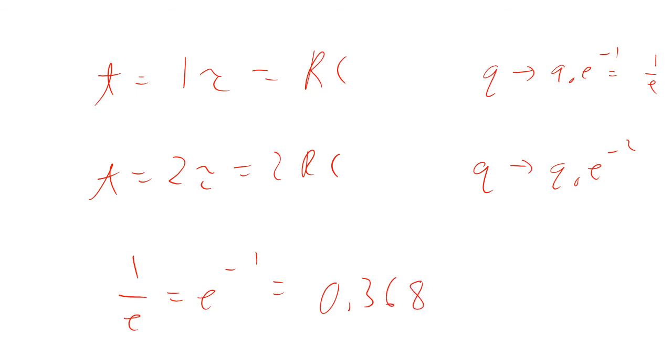So that means that after one time constant, you are at 36.8% of the original. But after two time constants, you're at 36.8% of the 36.8%, so that's going to be 0.135. So it doesn't drop linearly, it drops in this fashion, asymptotically. So that's an introduction to the discharging of capacitors.